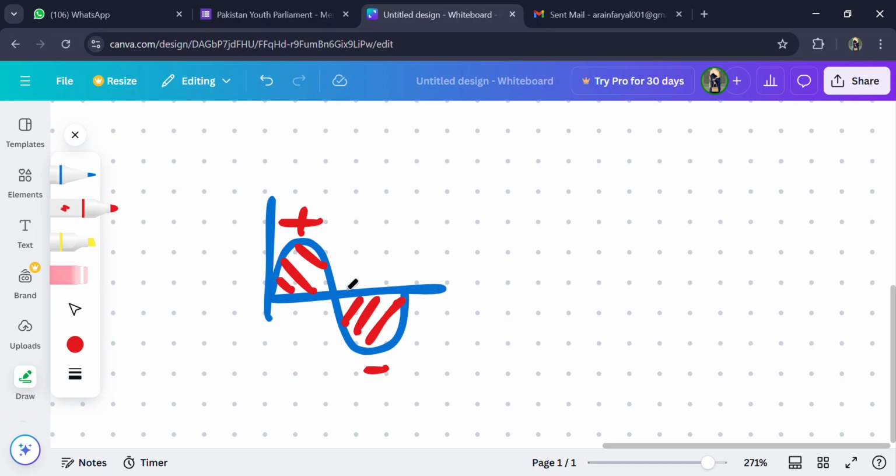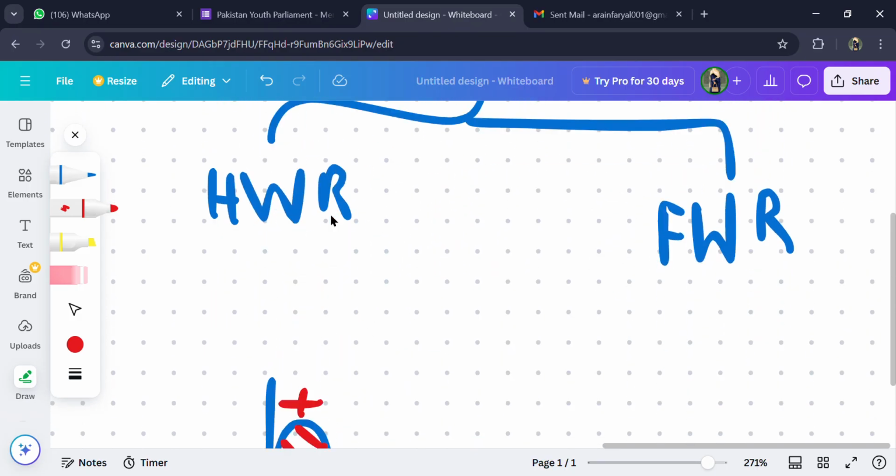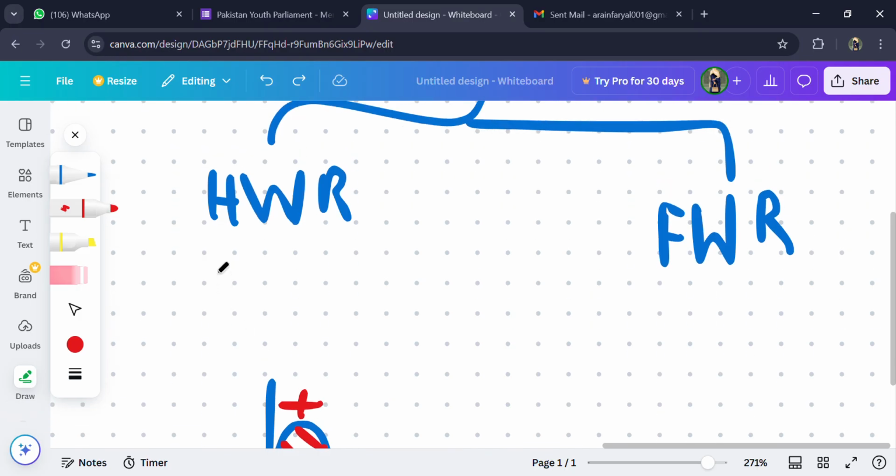Now I've just given an example of a half wave rectifier. What does a half wave rectifier do? It rectifies the wave, but one by one, or we could say it actually creates a gap, and the graphical representation of the DC becomes pulsating.